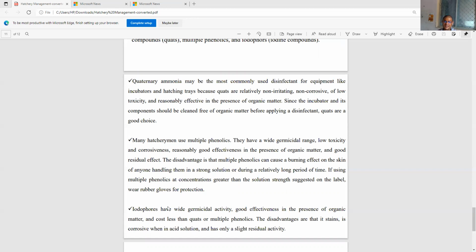The disadvantage is that multiple phenolics can cause a burning effect on the skin of anyone handling them in strong solutions or over a relatively long period of time.